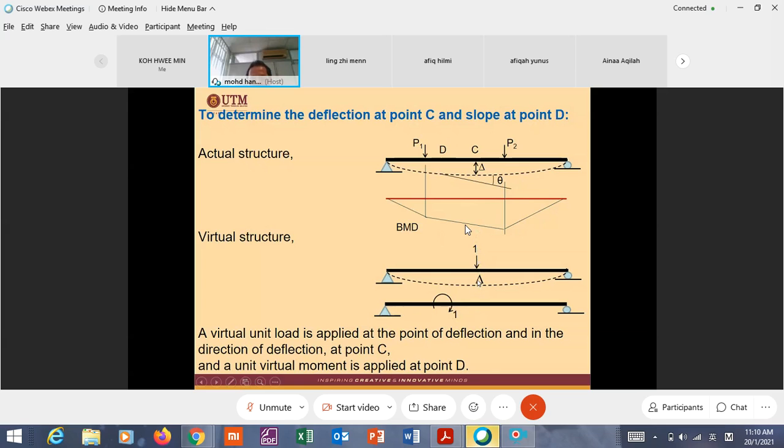If we find that it is negative, then it is in the opposite direction. A virtual moment is applied at point D. Because we do not know the slope, whether it is clockwise or anticlockwise, we assume it is clockwise, one unit.